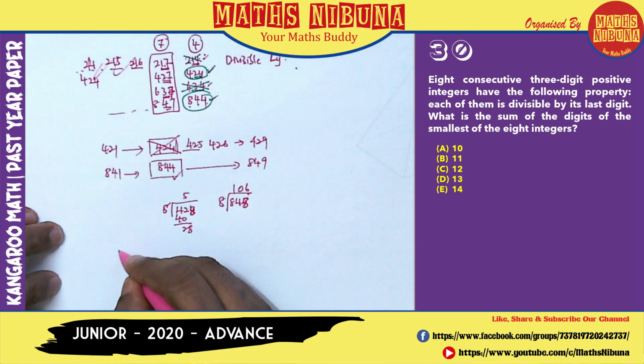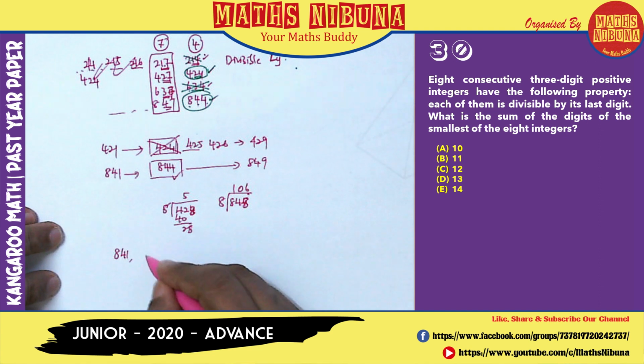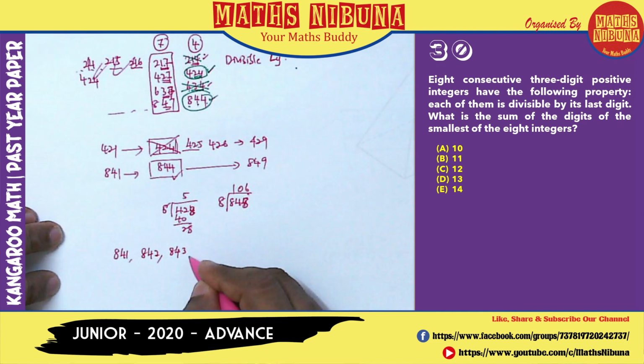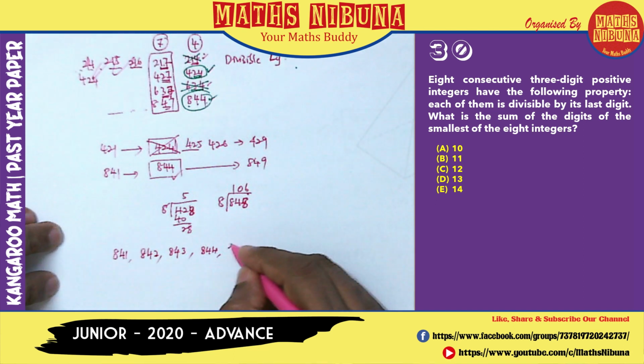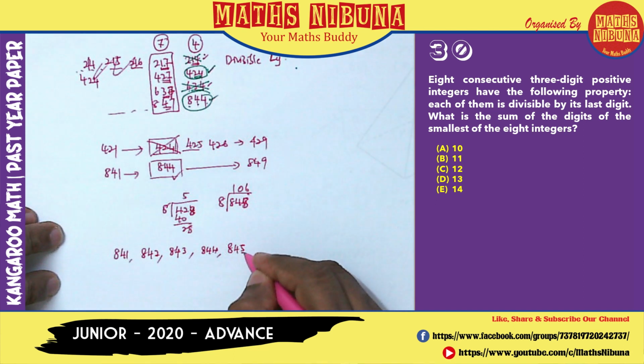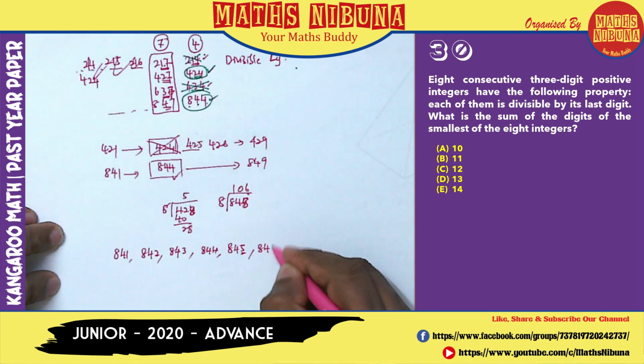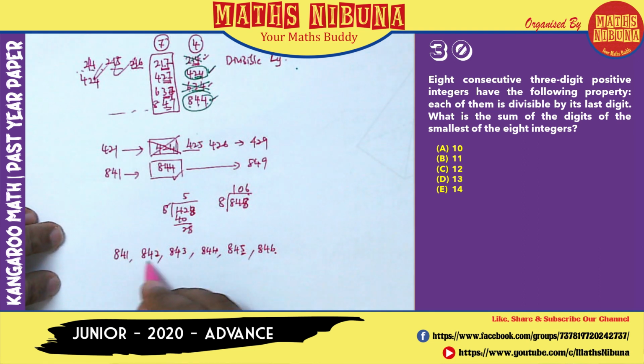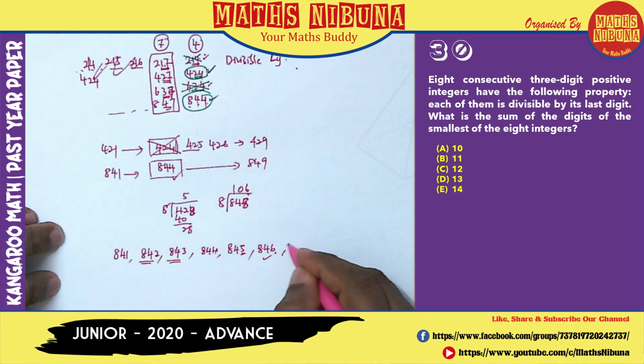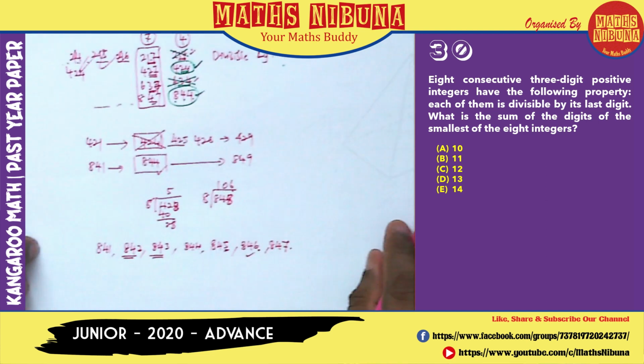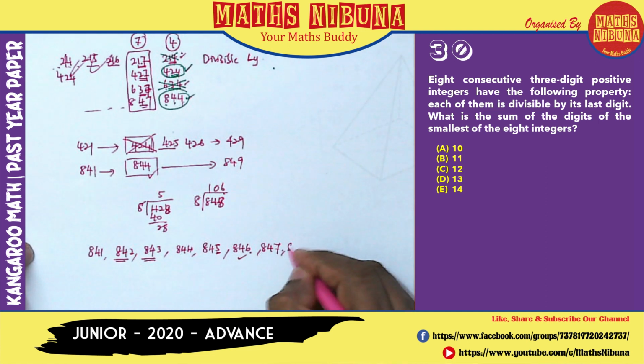That means 841 can be divided by 1, 842 sure can be divided by 2 because it is an even number. 843 we already tested, can be divided by 3. 844 can be divided by 4. 845 sure can be divided by 5, the last digit is 5. 846 can be divided by 6 because if it is divisible by 2 and by 3, then it is divisible by 6. 847 we already tested, it can be divided by 7. 848 is divisible by 8, it also can.